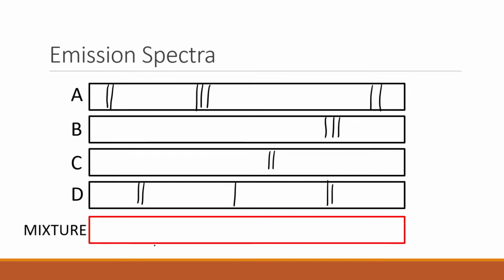And if I told you, here's our mixture, which 2 elements are seen in this mixture?